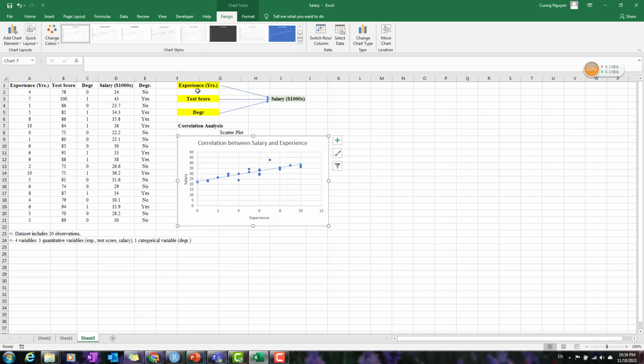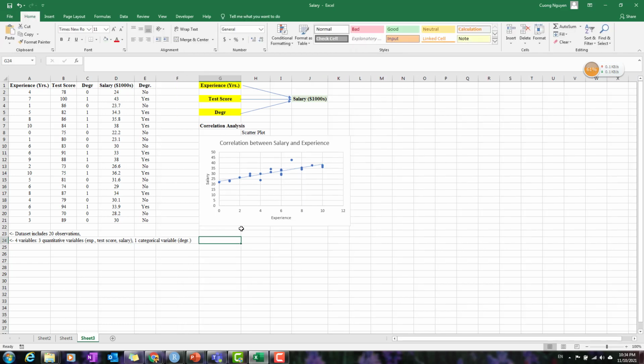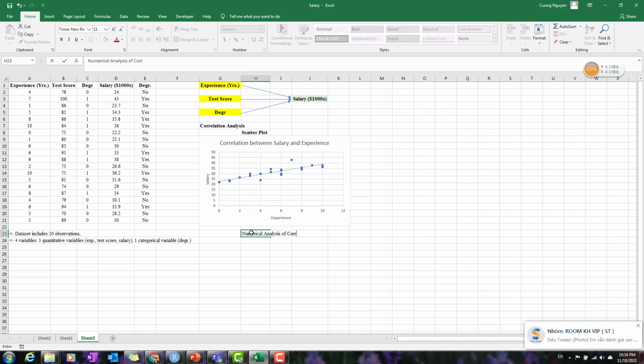Another way I can do it is that I will not just create the scatter plot only, but at the same time create the numerical analysis of correlation, right? With this one, I can do it with two different numbers.